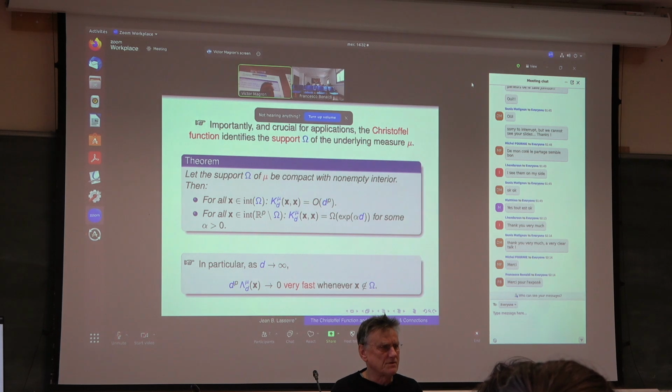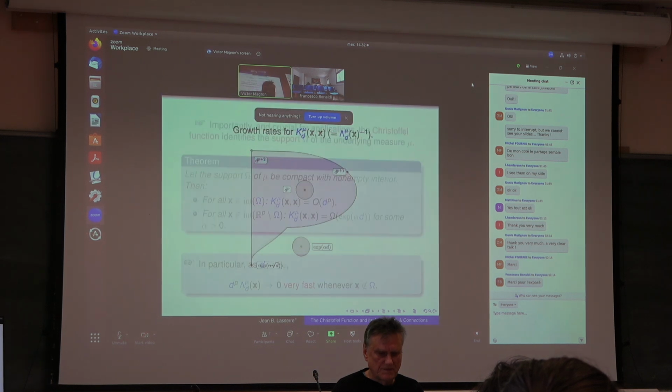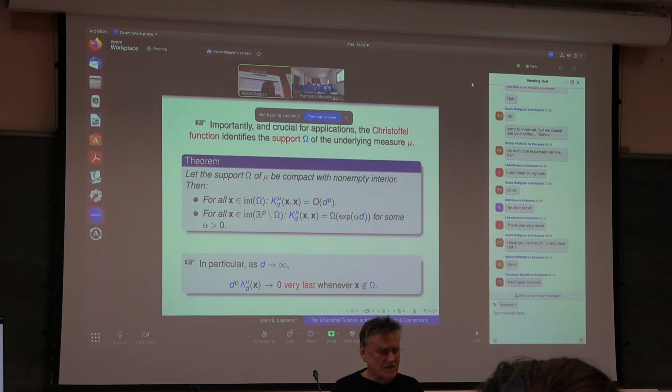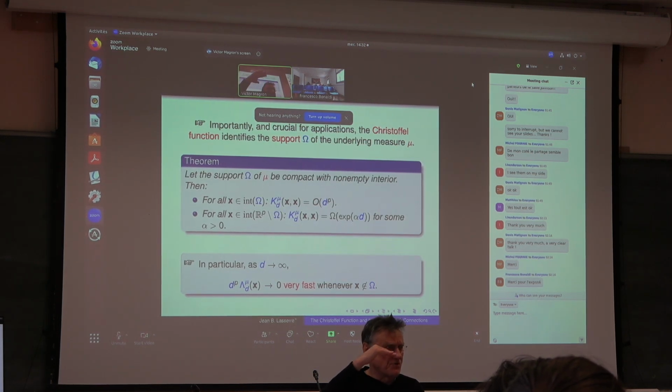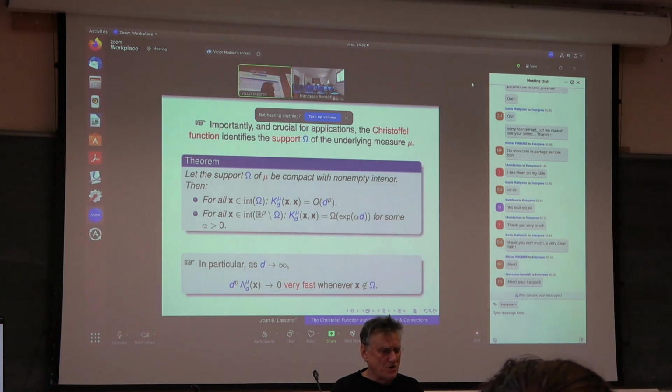D to the power p, p is the dimension. Sorry. So the increase is like a polynomial d to the power p, basically. And now, if you evaluate this Christoffel function outside omega, okay, now the growth is at least exponential. And this is this dichotomy that explains why this red curve captures the shape of your cloud.